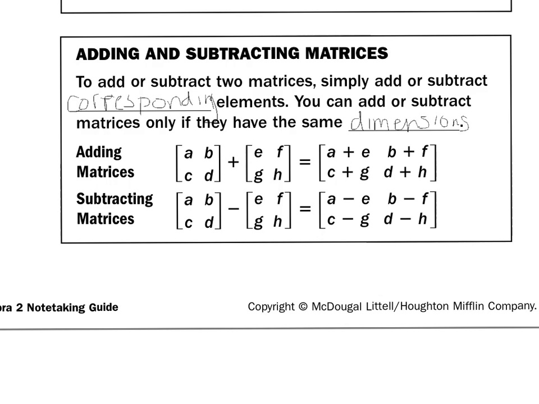So if I want to add these two matrices, I would add A plus E to make the new answer, and then B plus F to make the new answer over there. Subtraction is just the same, only I'm going to subtract each term.